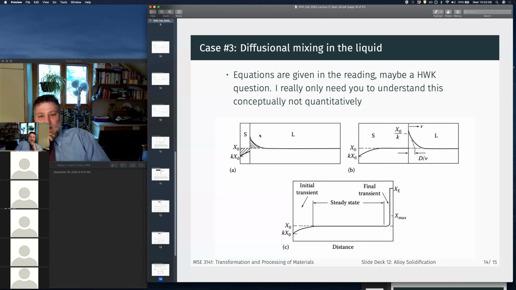But the important thing to get about this is that we get this pile up region, we get a region of steady state solidification, and then at the end we have this final transient. And this now sets up our case for dendritic solidification or an unstable equilibrium.